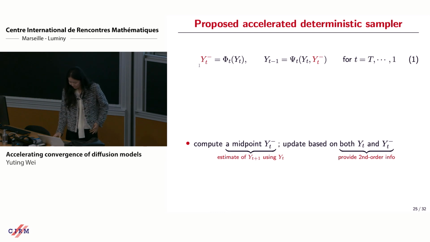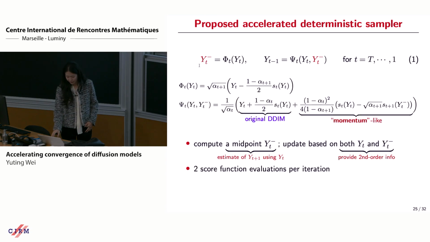And then we update our YT minus 1 based on both YT, your last iterate, and this midpoint. When we update our YT minus 1, it still looks like the original DDIM scheme. The formula is exactly the same as DDIM, just plus some momentum-like term that depends on your score function.